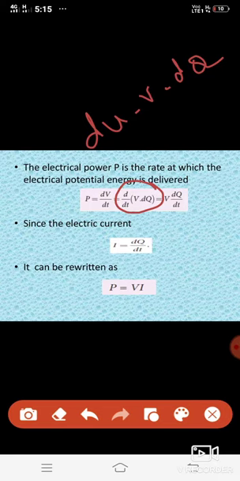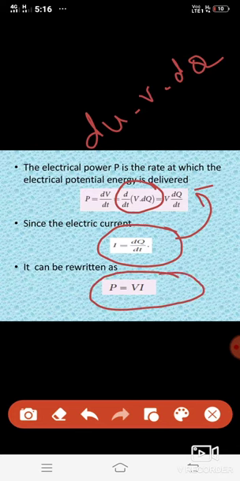Since the electrical current I is equal to dq divided by dt, substituting it in this equation, what is the value of P? P is equal to V into I. That is the formula for the power.